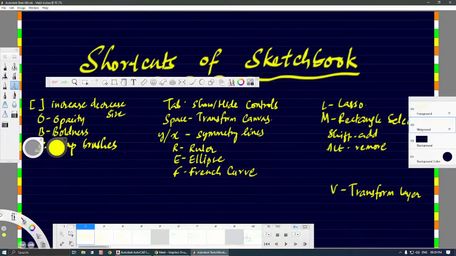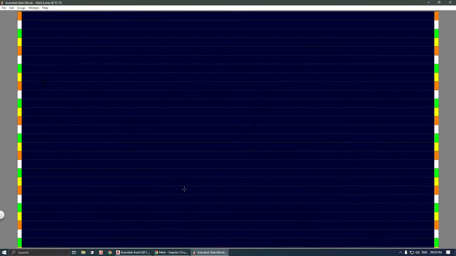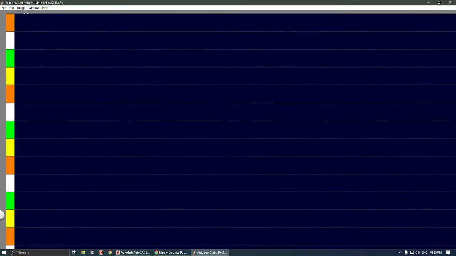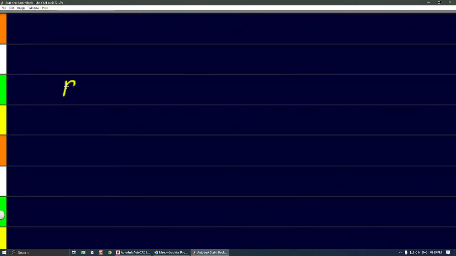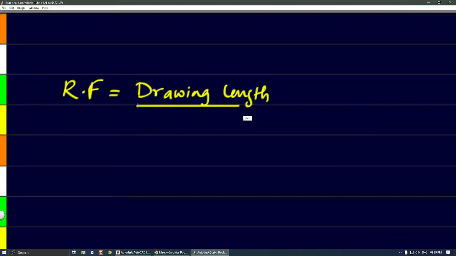So can anyone tell me what is the formula for RF? What is the formula for RF? RF is equal to drawing length by actual length, correct? Drawing length by actual length.